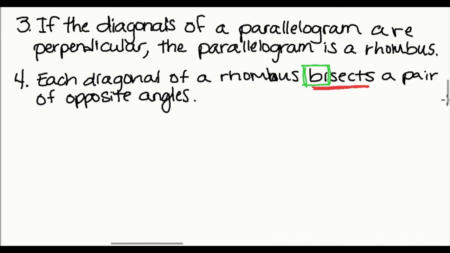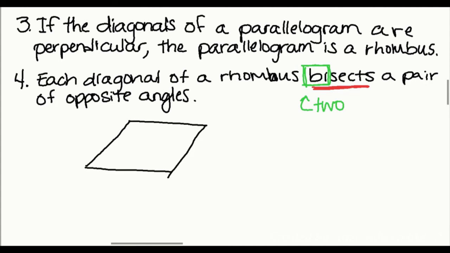So each diagonal of the rhombus bisects a pair of opposite angles. When we're talking about opposite angles, we mean like this one down here is opposite this one up here, or this one over here is opposite this one down here. What they're saying with this word bisects is that it's split up into two equal parts.